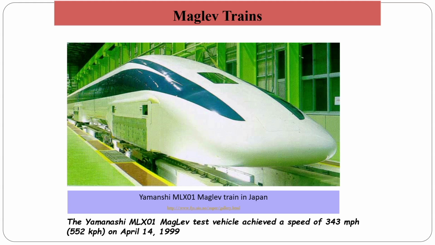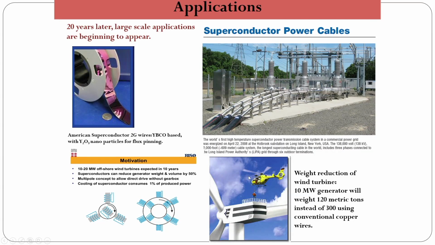These are maglev trains, where a test vehicle has achieved a speed of 343 miles per hour, which is 552 kilometers per hour, on April 14, 1999. The rails below are superconducting rails, and this whole thing actually floats. It does not have any wheels, and that is due to the Meissner effect.